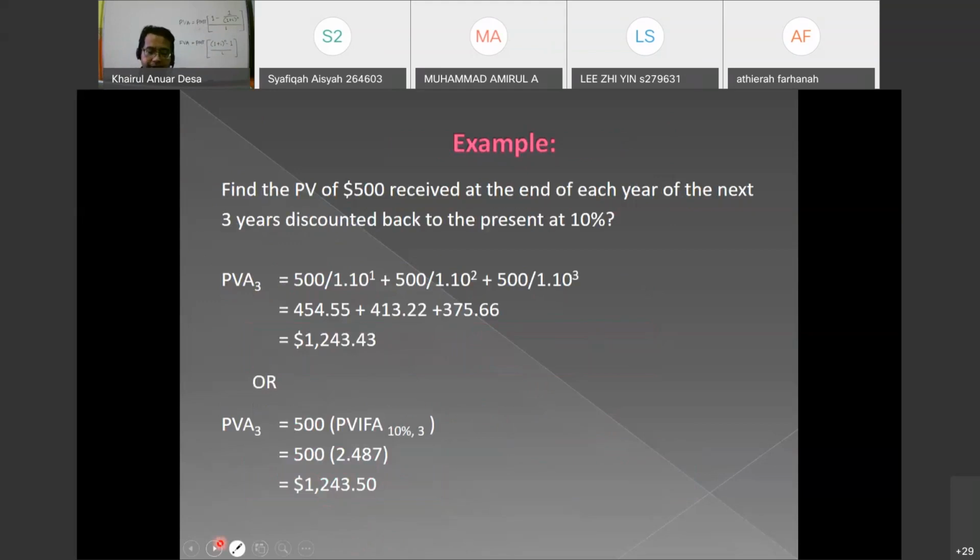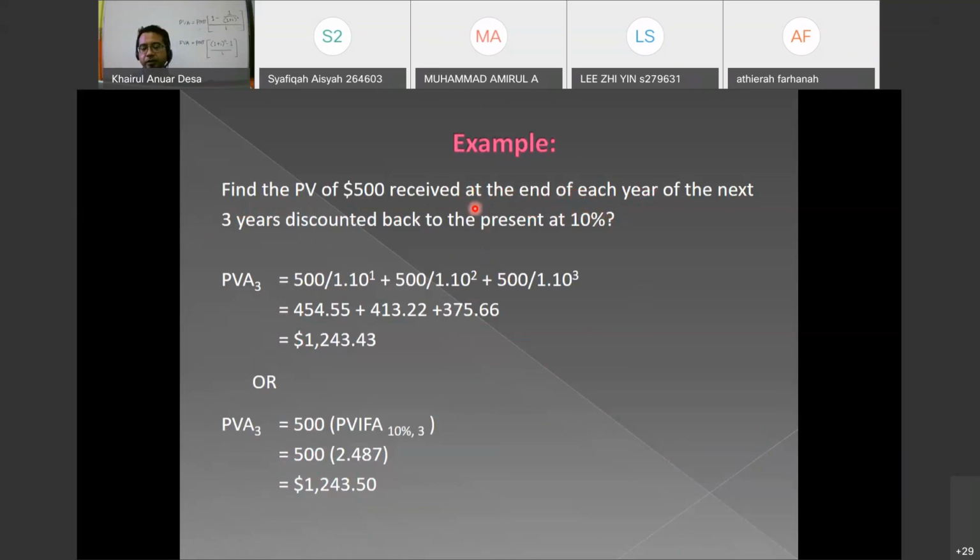So here this is the example. Please find the present value of 500 received at the end of each year for the next 3 years, discounted back to the present at 10%. So what is the keyword used here? The end of the year. Okay, at the end of each year.